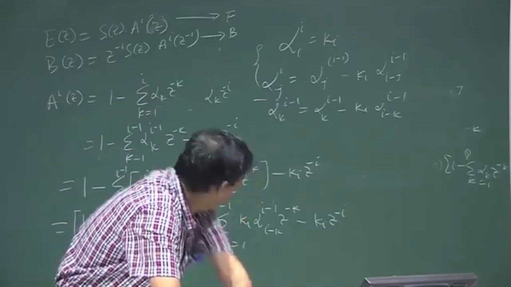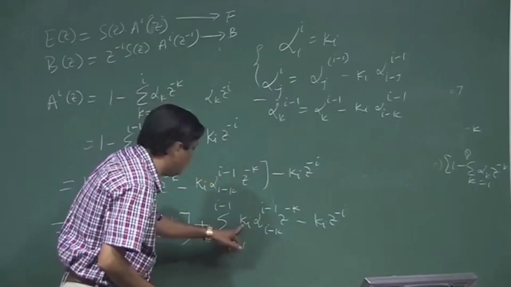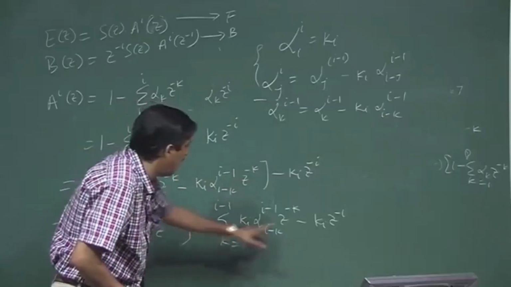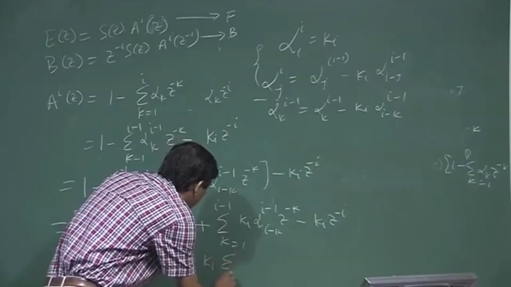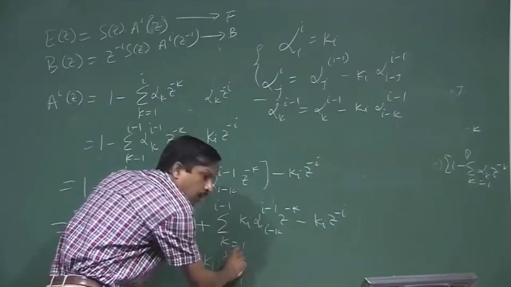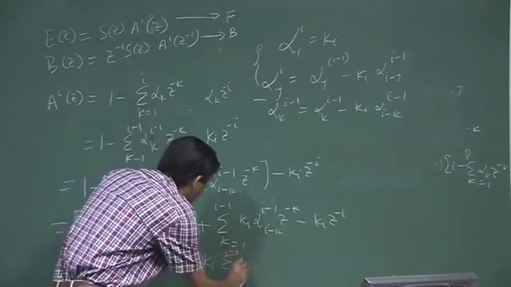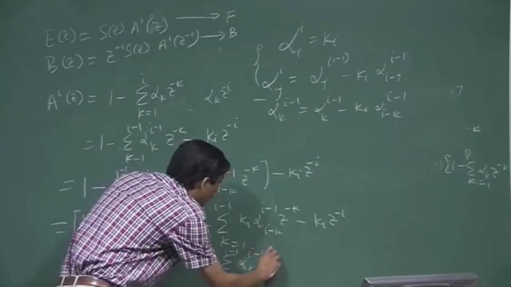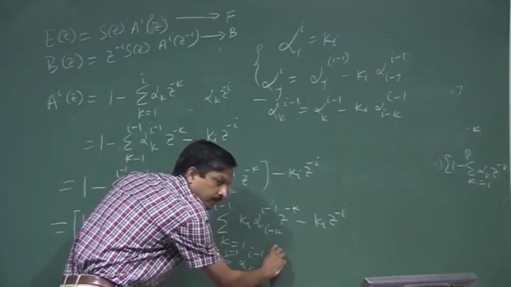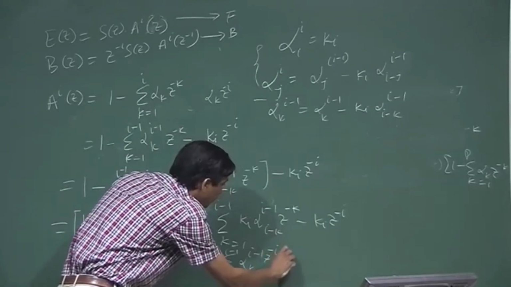So, in the second term, I can say k i is here, then I can say the sum over k equal to 1 to i minus 1 of alpha k i minus 1 z to the power minus i plus k.